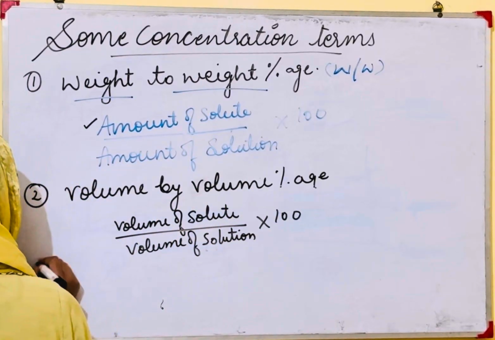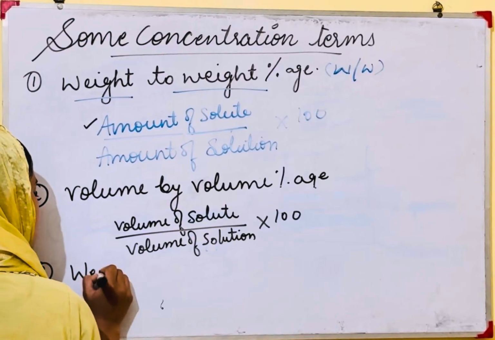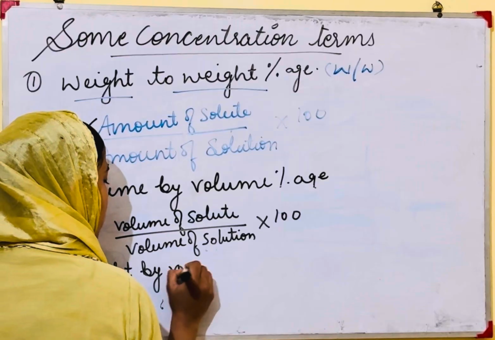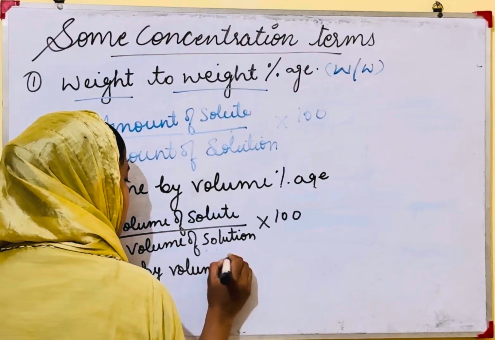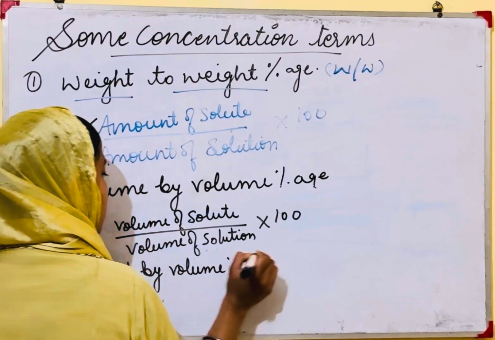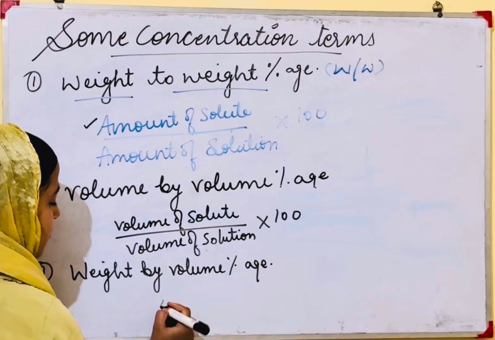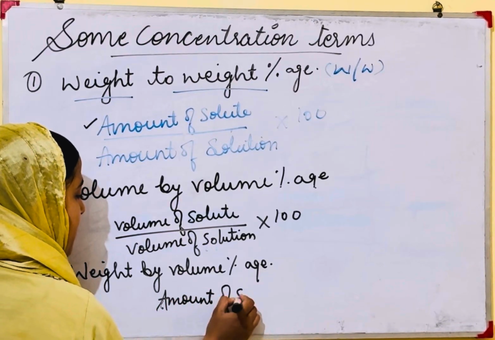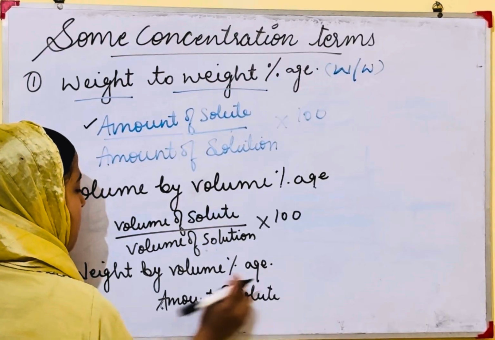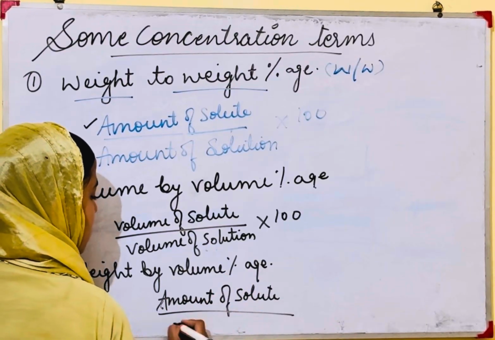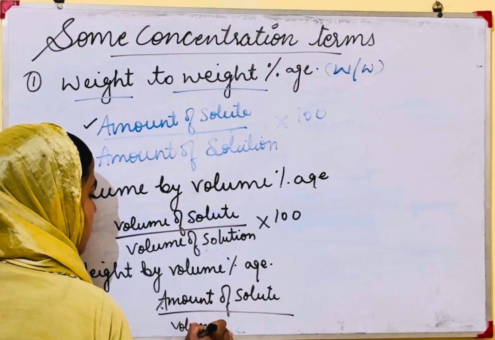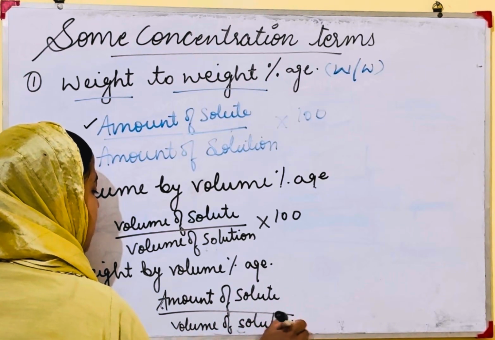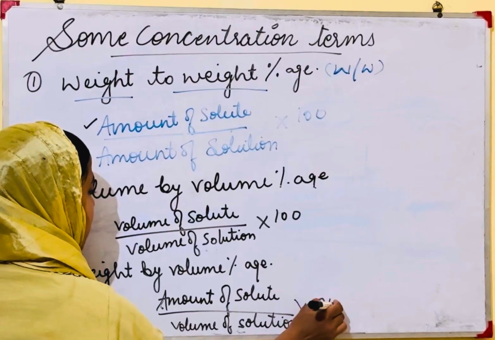Third is weight by volume percentage. Weight by volume percentage. So weight is amount of solute by volume means volume of solution, then multiply by 100.